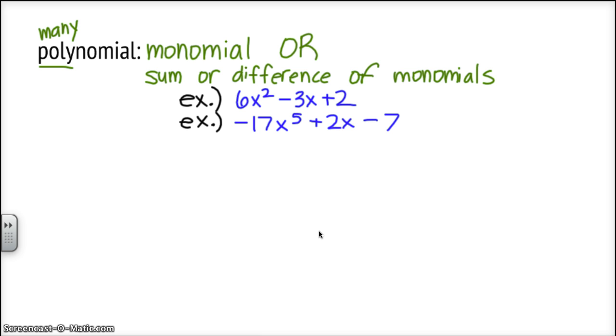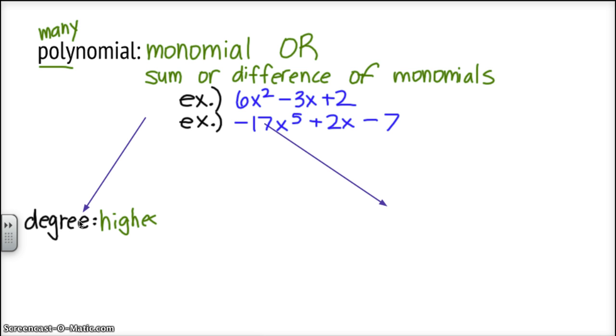Okay? So as we look at this, let's take a second and talk about two parts of polynomials that we sometimes need to talk about. The first is, how do we calculate the degree of a polynomial? Well, the degree of the polynomial comes from looking at all of the different monomials. And so the degree of our polynomial is equal to the highest degree of each monomial.